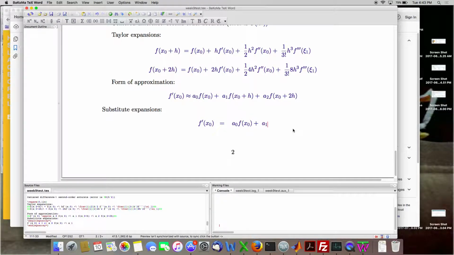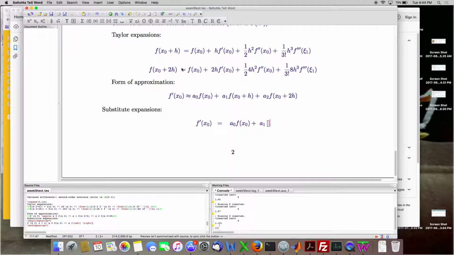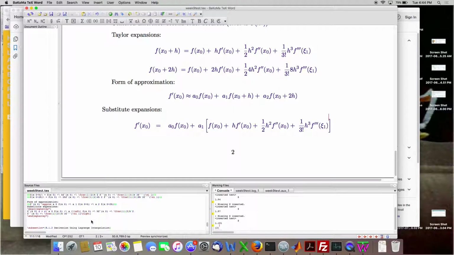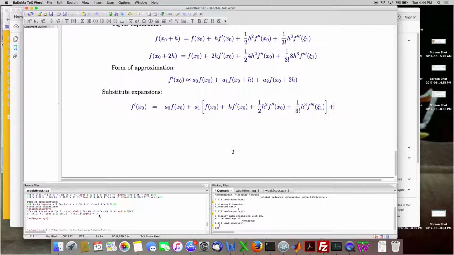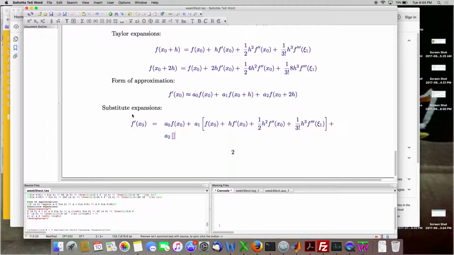Plus a1 times, and I need to dump this Taylor expansion in here. So I'll go ahead and copy that and put it in. And then, let's go down to the next line here and take the other expansion and dump that down below.